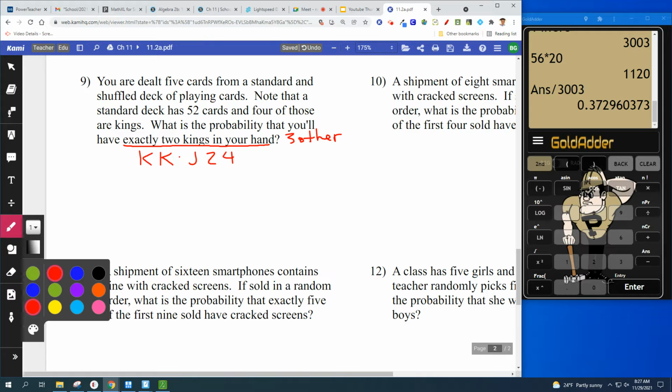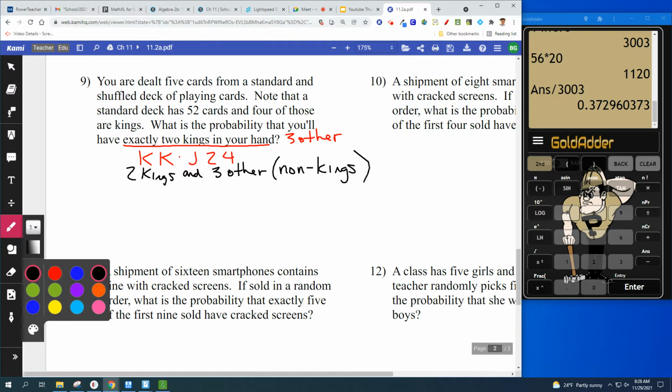Okay, whatever. It doesn't really matter what the other 3 cards are for this problem. They're just saying 2 kings. So we've got 2 kings there. All right. So let's look at this as part over total. We want 2 kings and 3 other. You can put non-kings if you want.